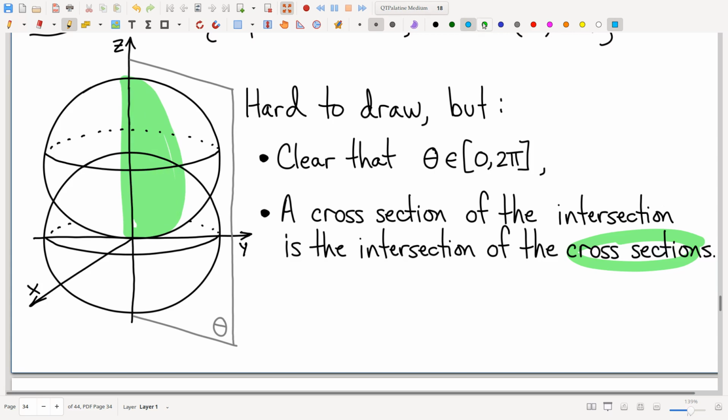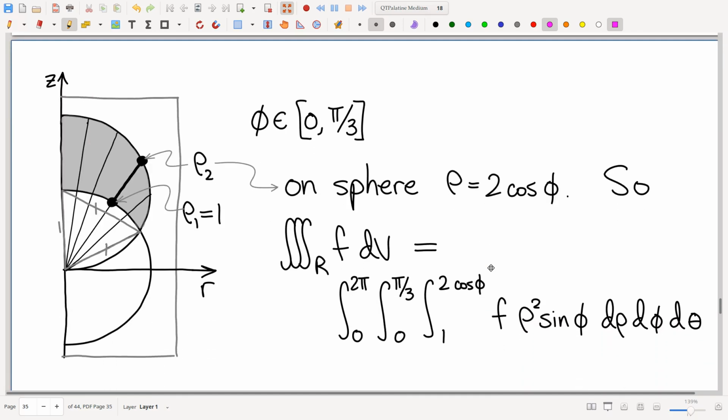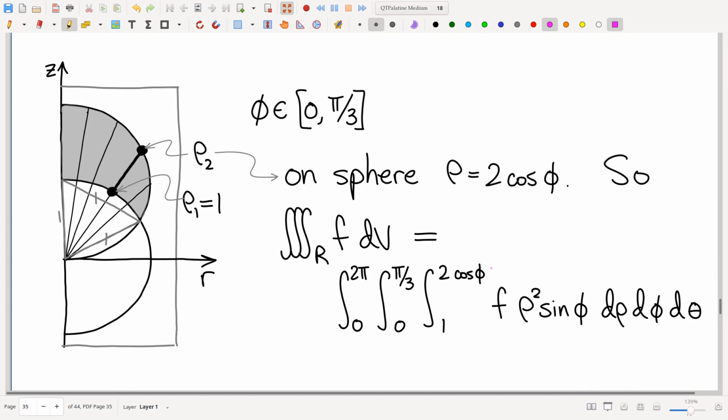And then I can look at a cross section of the bottom ball, and I can just ask, okay, how do those intersect? Those individual cross sections were easy to draw. They're half discs. A little bit better picture down here. They're just two half discs, and if you want to know how they intersect, namely what's inside the top one and outside of the bottom one, then you get a much nicer picture here.